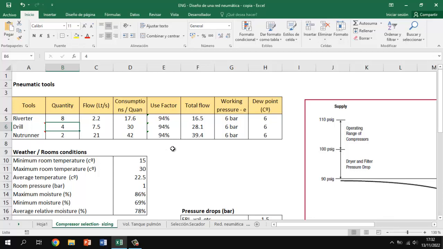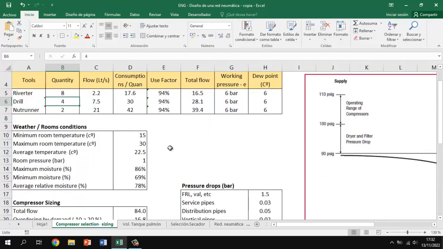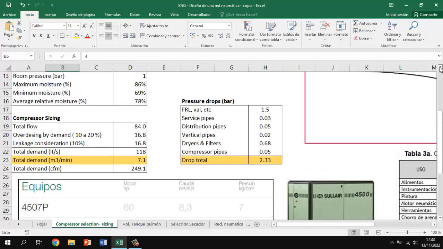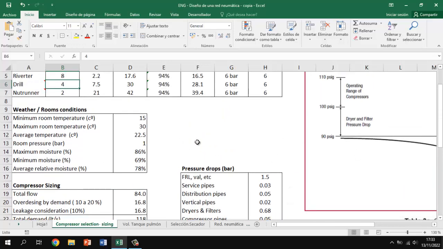That's going to be decided by you. So you should consider in this case an over design. Some typical percentages are 10 or 20%, but it could be more. That's going to depend on you.